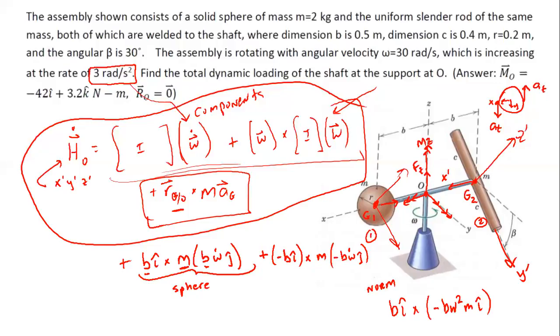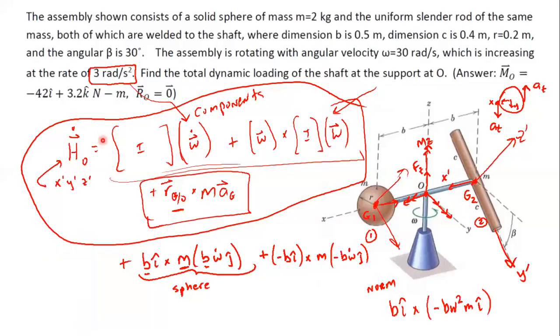I could try to use the parallel axis theorem, but in this case I would recommend just going through and doing the arbitrary one. So the top lines that you have, I would say I use this, right?